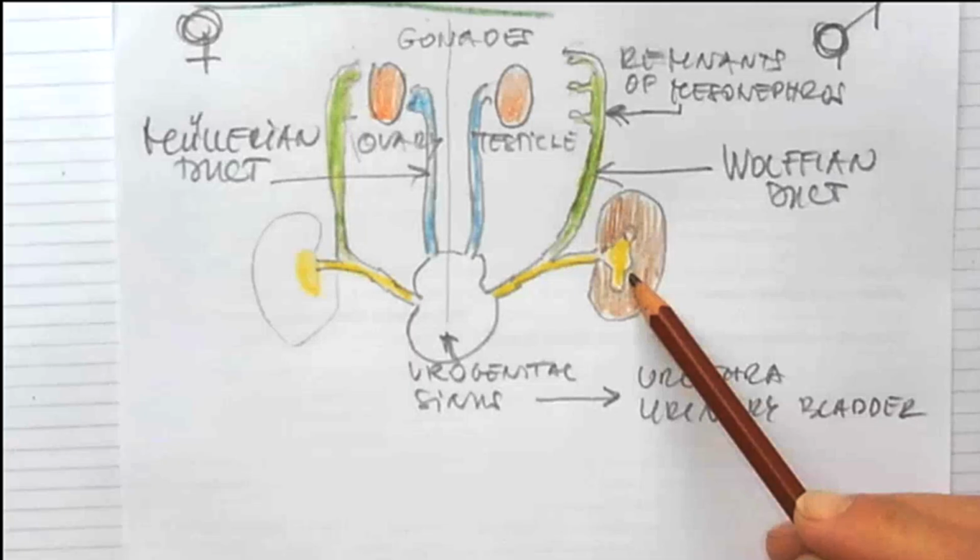First of all, the deferent duct, ductus deferens. We know that it opens into the prostate, and also the ejaculatory duct, and also the duct of the epididymis.